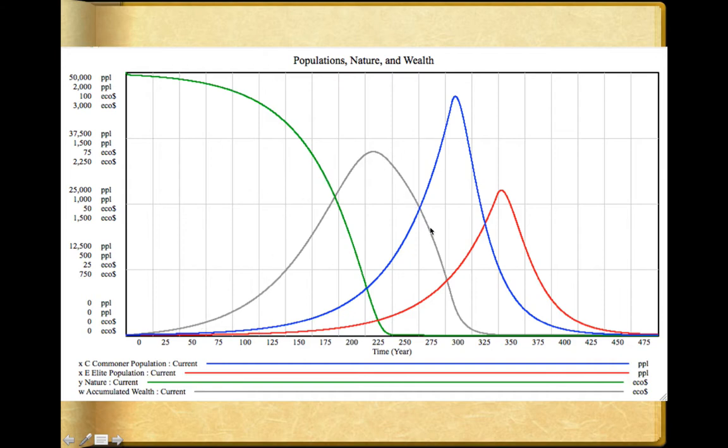At some point in the process, because of this combination of parameters, you run out of natural resources, which essentially disables the production of wealth. So wealth comes down, and this eventually causes the collapse, the crash of both populations at the end. Interestingly enough, the elites take longer to develop, but they're the last ones to go.